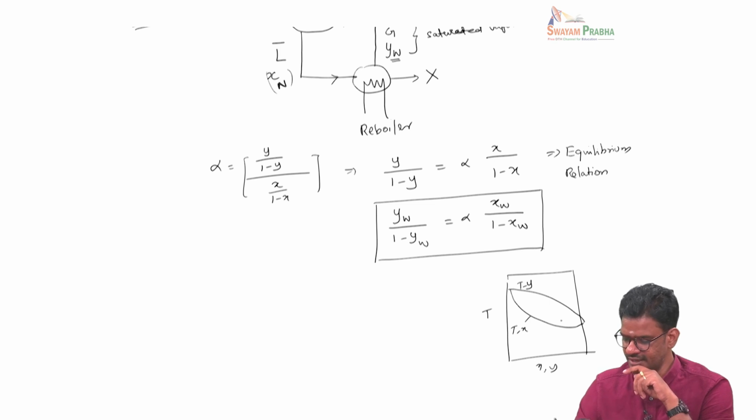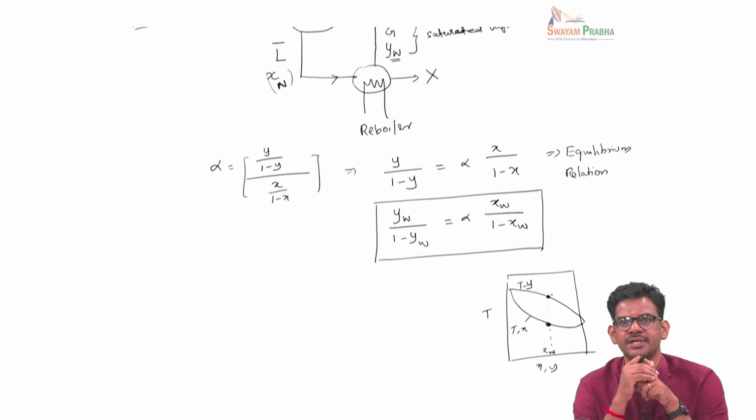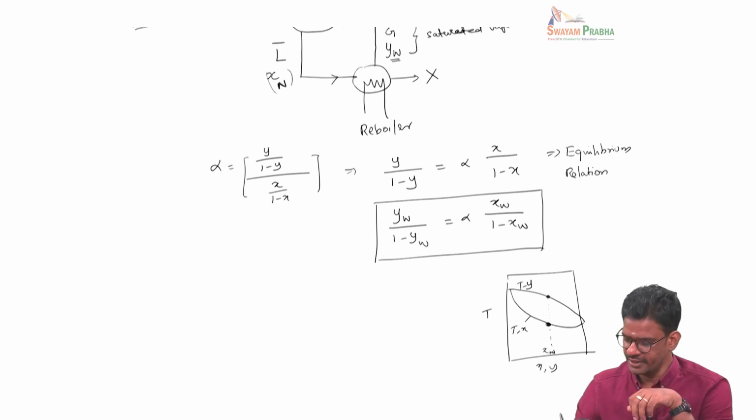Let's say we identify that somewhere here. This corresponds to Xn. What we do in the reboiler is take this liquid and vaporize it completely up to this point, which is the dew point. At this dew point, the composition is YW and the corresponding equilibrium composition of the liquid is XW.